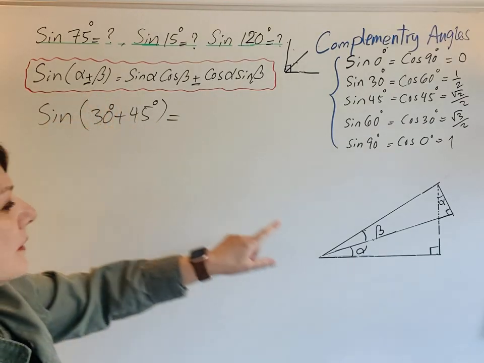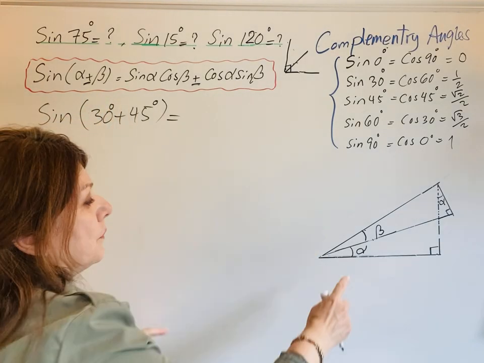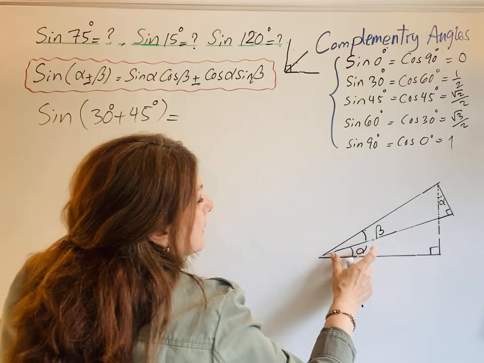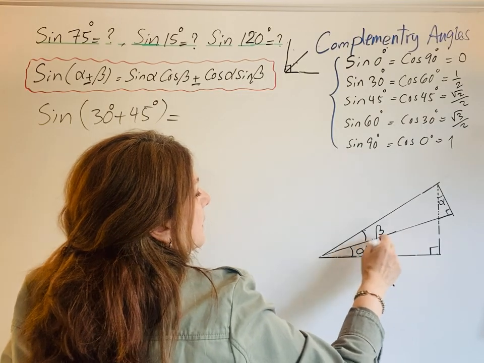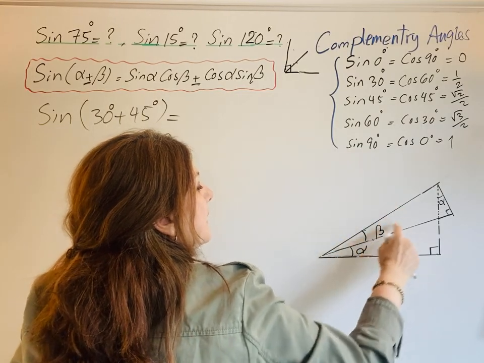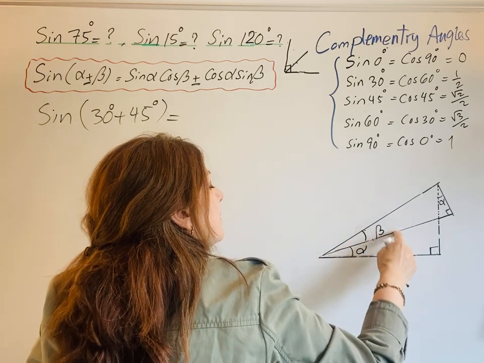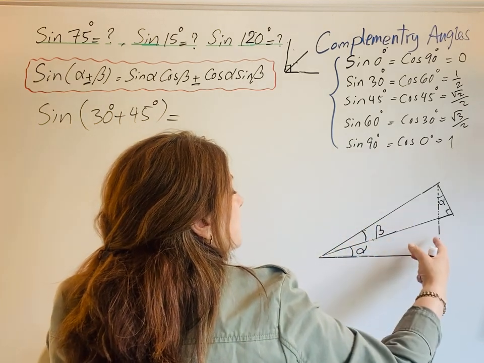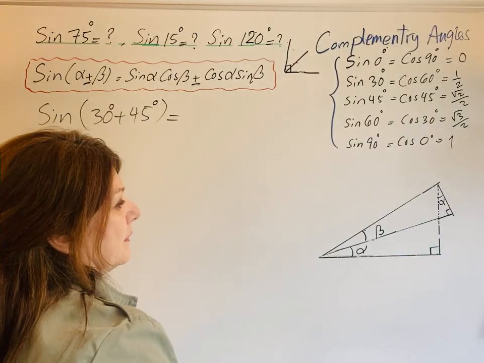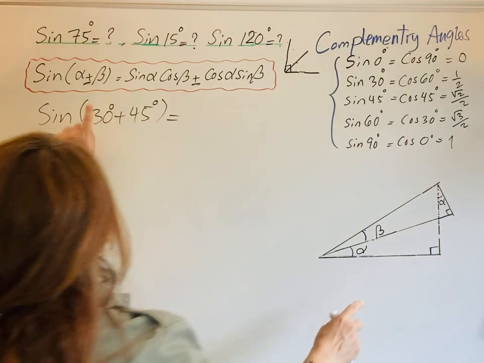This formula comes from here. If you have alpha here, and beta here, the sine of the sum from this geometric proof gets this one.